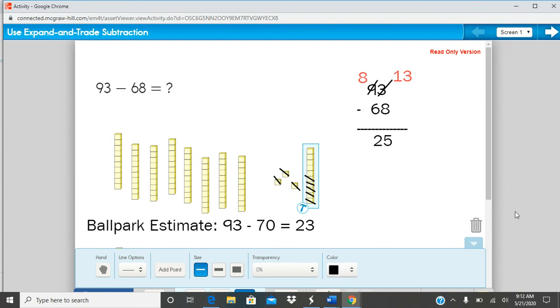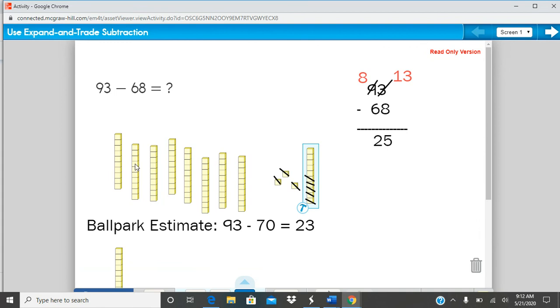And now let's see what we have left. I have 10, 20, 30, 40, 50, 60, 70, 80. Okay, so that's where that 8 comes from. And then I have my 13 here. From that 13, I took away 8, and I'm left with 1, 2, 3, 4, 5. So that's where that 5 comes from.